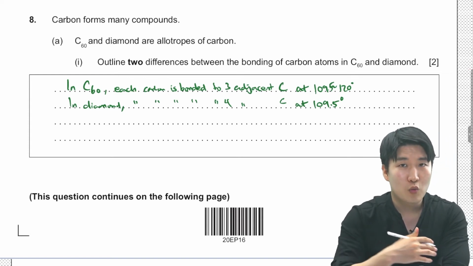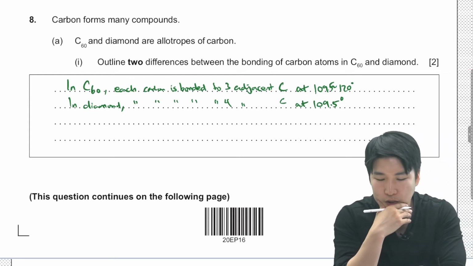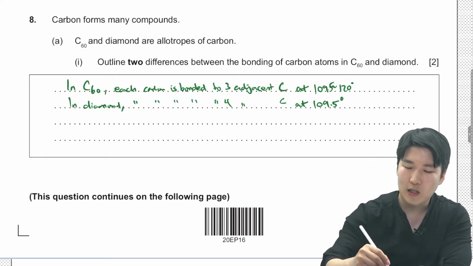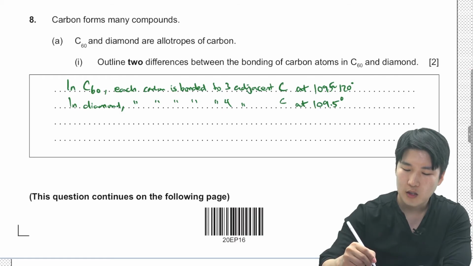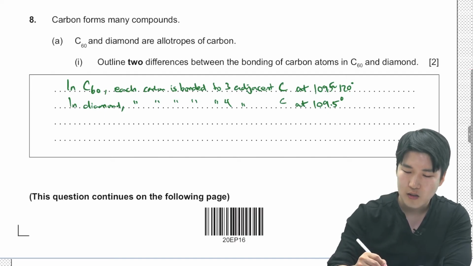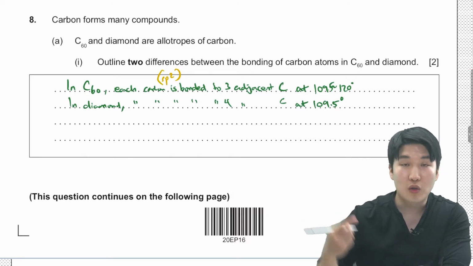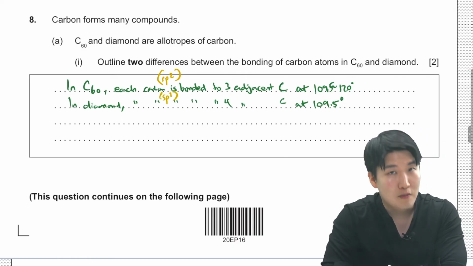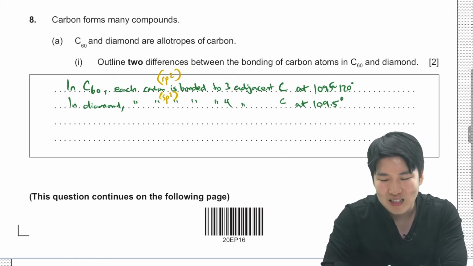For HL, we can go beyond. We can give more differences: each carbon that is sp2 hybridized is bonded to 3 adjacent carbons. Each carbon atom that is sp3 hybridized is bonded to 4 adjacent carbons in diamond.